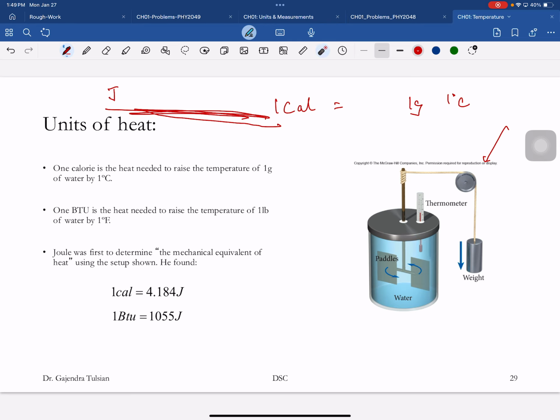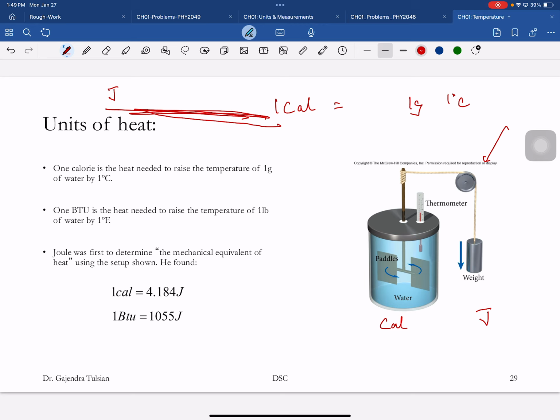And here was the idea. When this weight falls, it turns the spindle, which warms up the water. You measure how much the temperature of the water rises. You can calculate how many joules this lost and how many calories that was converted to.